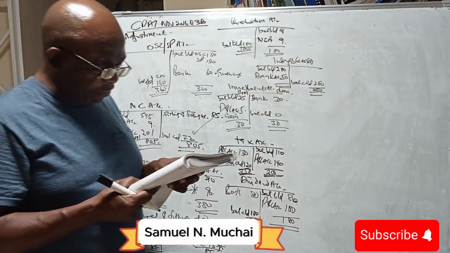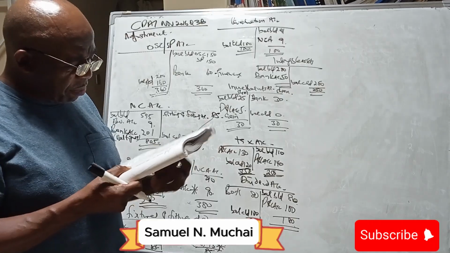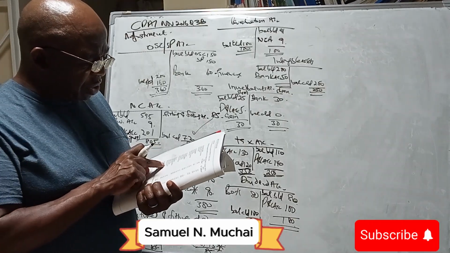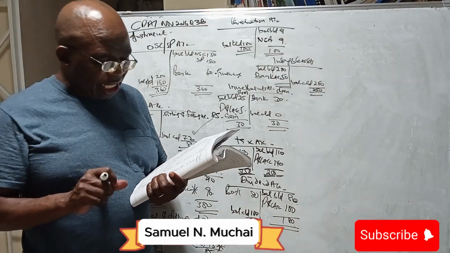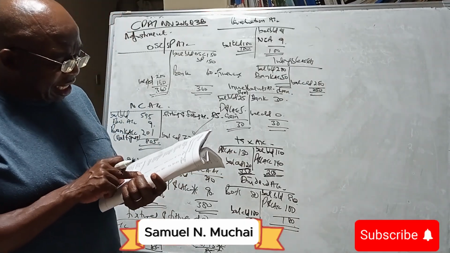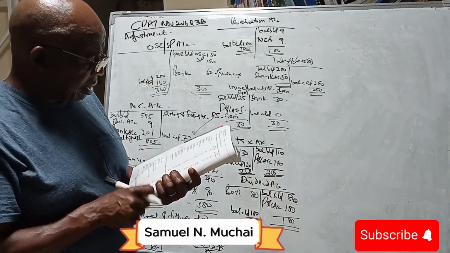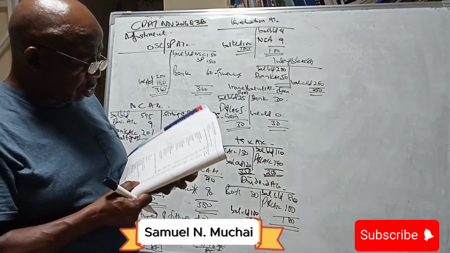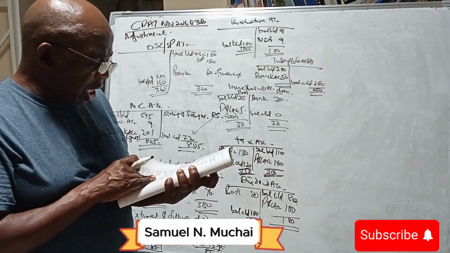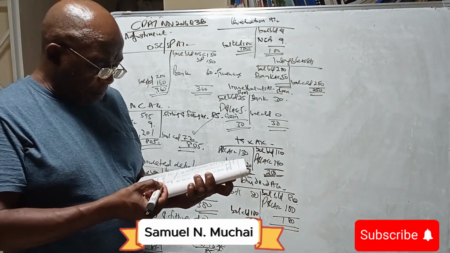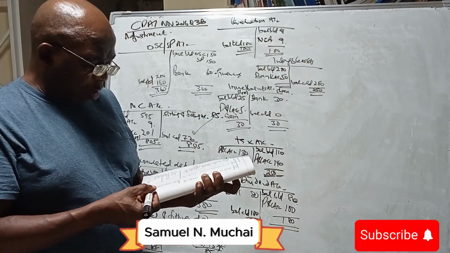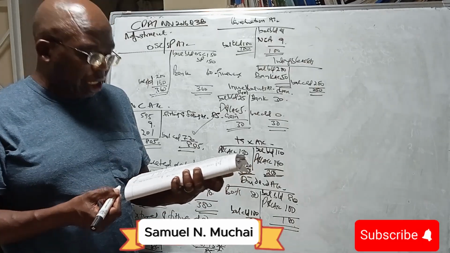Therefore the only remaining account there is revenue reserve, which is the retained earnings account. We are told that it increased by 60, and it is increasing by 60 because from our income statement, we retained 60 million shillings.